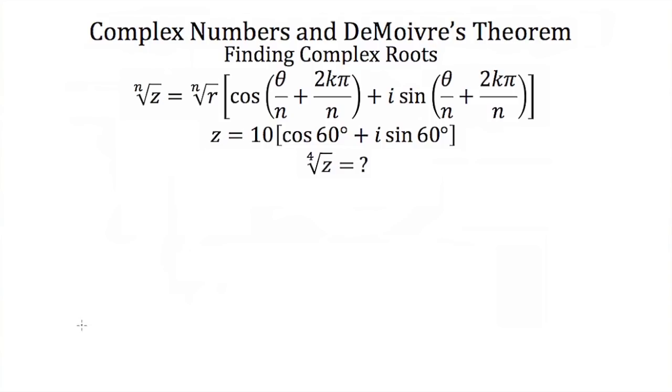So let's try a practice problem. Here we have our formula, and we want to take the 4th root of z, where z is equal to 10 times the cosine of 60 plus i times the sine of 60.